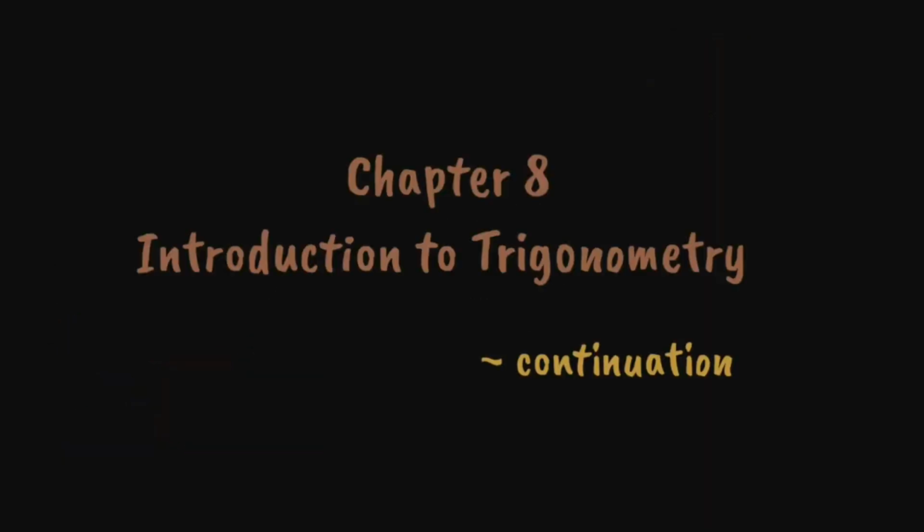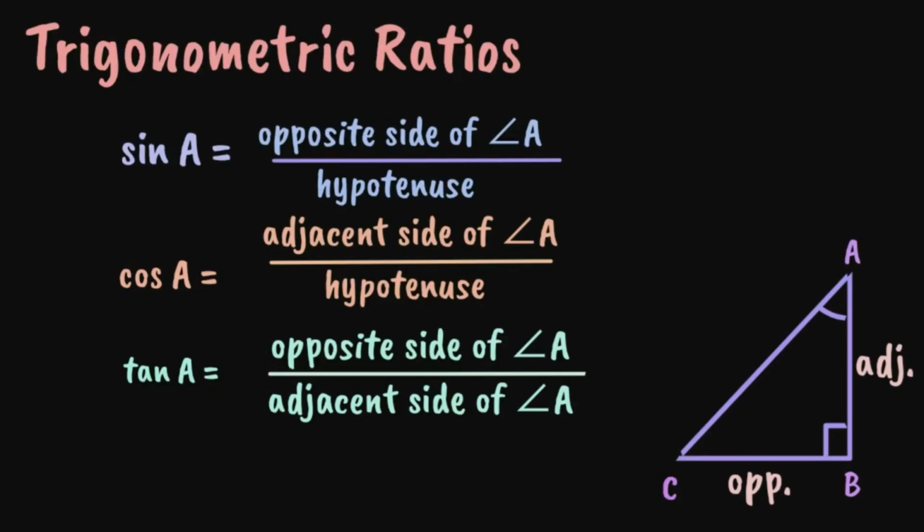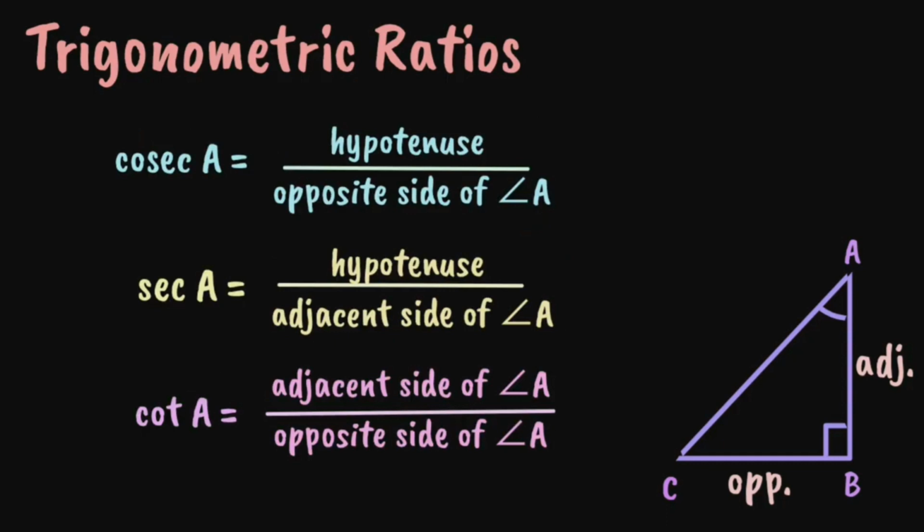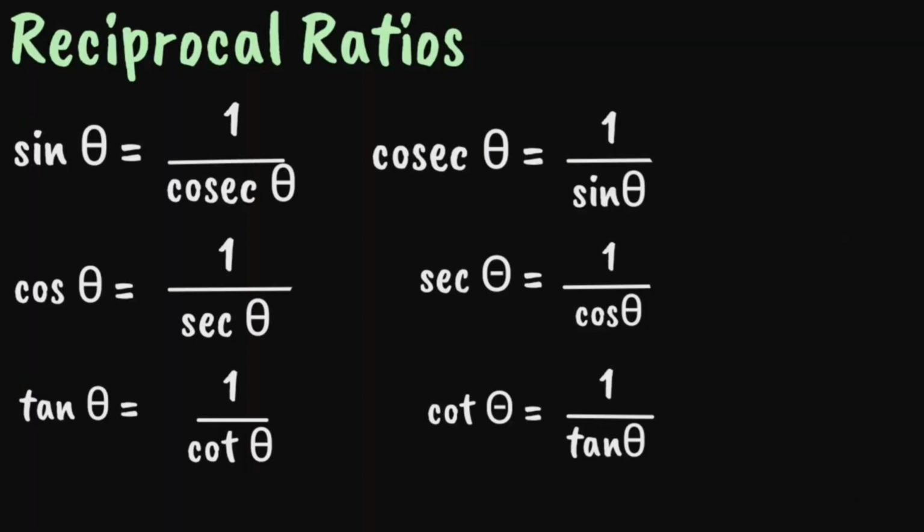So we are discussing the chapter Introduction to Trigonometry, and let's recall the important points we have discussed in the chapter. We have discussed trigonometric ratios and their definitions and reciprocal ratios.